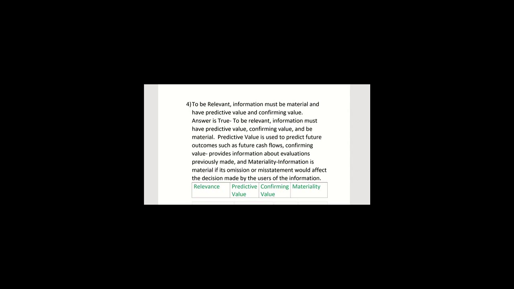Confirming value provides information about evaluations previously made. And materiality, information is material if its omission or its misstatement would affect the decision made by the users of the information. So to be relevant, you've got to connect relevance with predictive value, confirming value, and materiality.